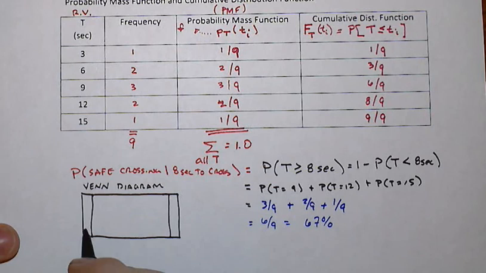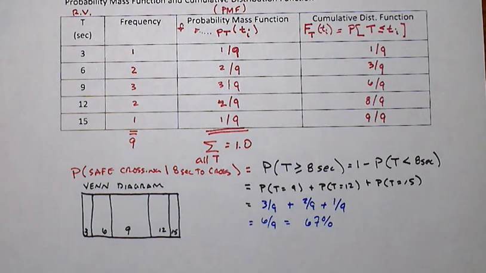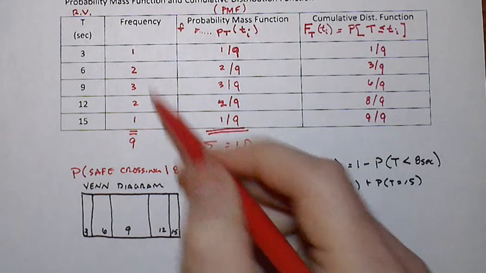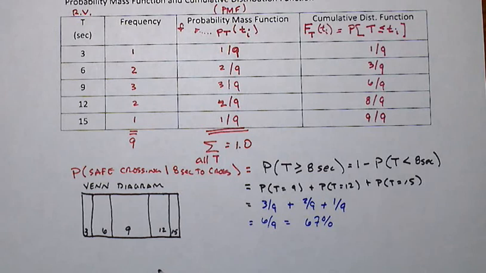A 3-second event, or a ball, so to speak, with a 3 printed on it, a ball that's printed with 15, and then 6 and 12 second potential outcomes, and then a 9-second, where I've intentionally drawn the proportional space on the Venn diagram to reflect the relative frequency of 1 to 2 to 3 to 1 to, of the balls that I was referring to. Right? And I did that so that we could also make a geometric interpretation of these numbers.